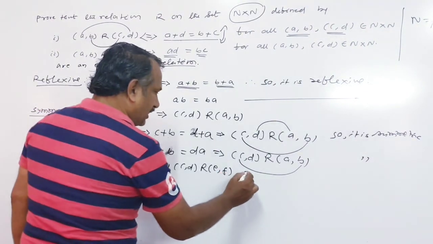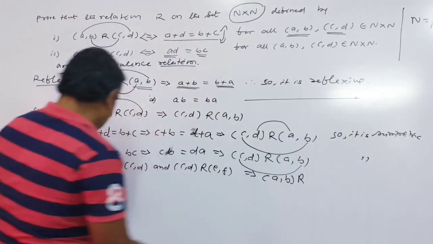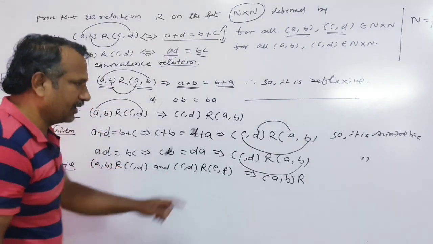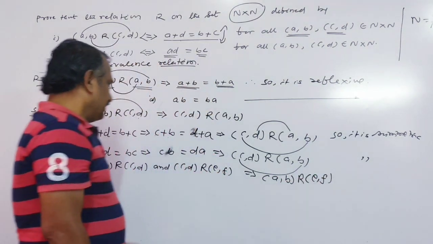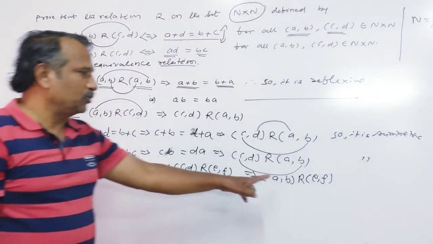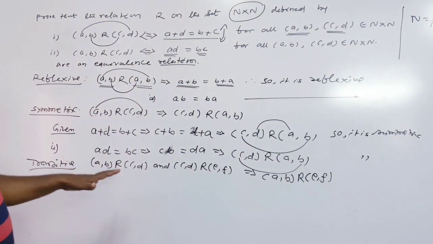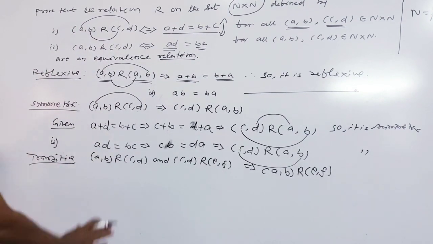We have to show that (a,b) is related to (e,f). These two are given. We have to show that this one, if this is satisfied, then the relation is transitive. That means the given relation is equidistant. Okay. Now this is given.